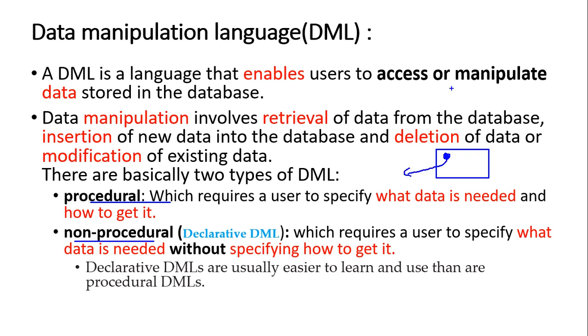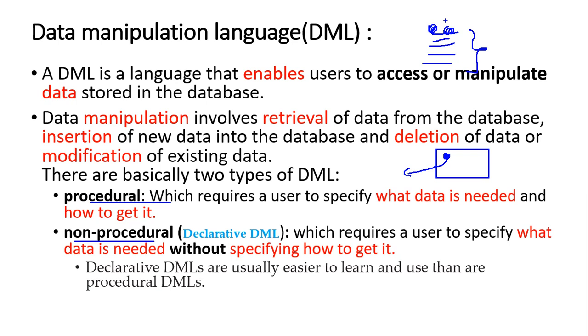It's like you write a program in which you have to write all the code of creating the integer array, floating array, and all these things. The entire procedure you have to write. So you have to specify, I want the student name, I want the register number, and how to extract this. That also you have to write. You have to write the procedure for how to extract that data. This is called procedural.